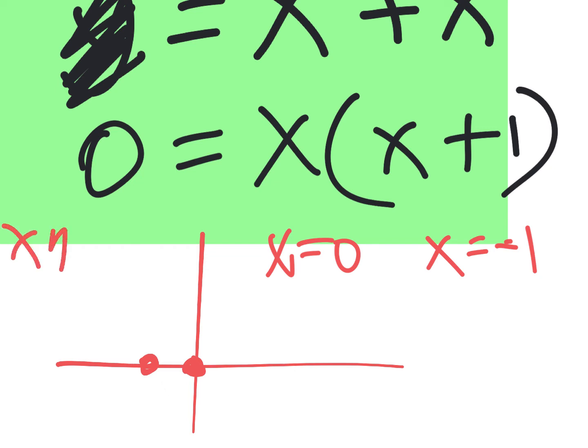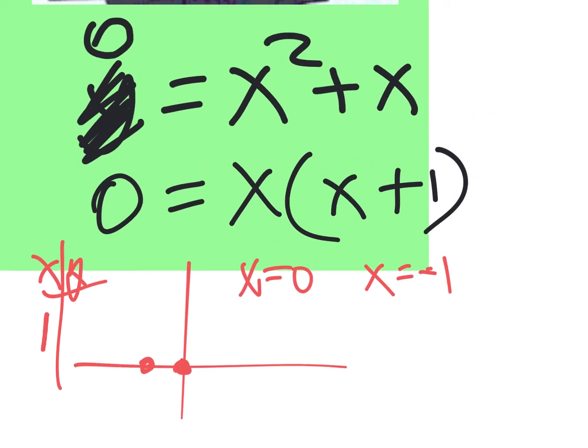XY chart, best friend in graphing. You could find a few points on it. Like you stick in 1, and what do you get? 1 squared plus 1, which is 2. 1 comma 2 is on the graph. And eventually you'd figure out, oh yeah, it's a parabola. Of course it's a parabola. It's going like that. Raise your hand if you had a parabola.